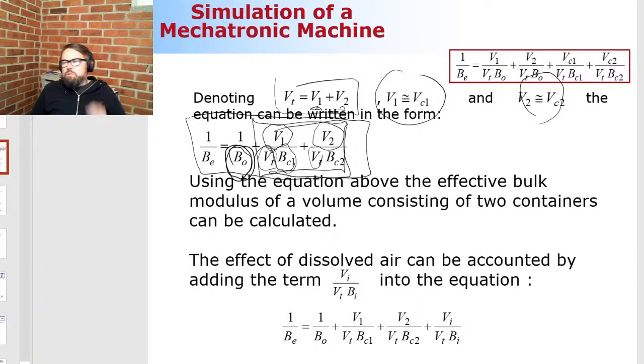There is always a little bit of dissolved air, which can be accounted for by simply assuming that there is a certain volume of air with respect to the total volume of the system, and this is the flexibility of air. Flexibility of air is roughly 1,000 times larger than flexibility of fluid.